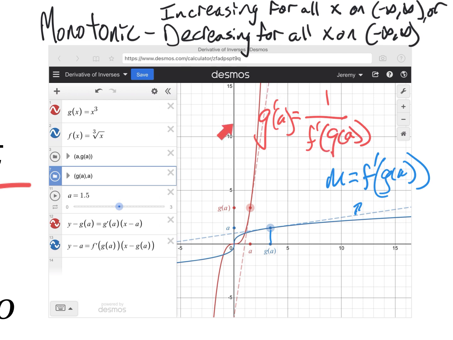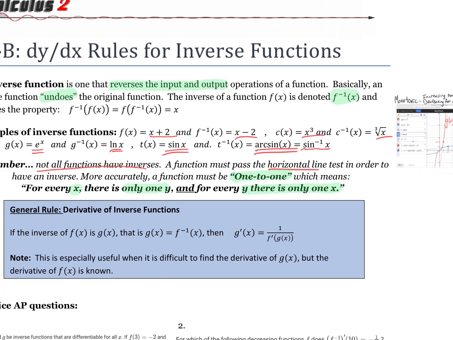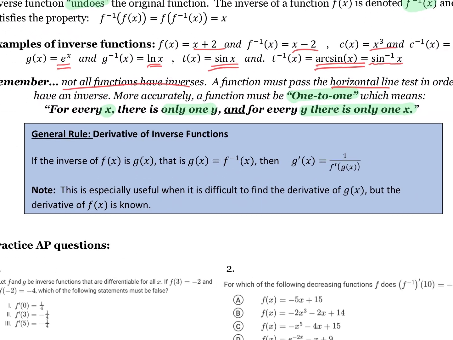So if we don't know how to find the derivative of g but we do know how to find the derivative of f, we can use f, the inverse function, to get the derivative of g. And there's our rule.